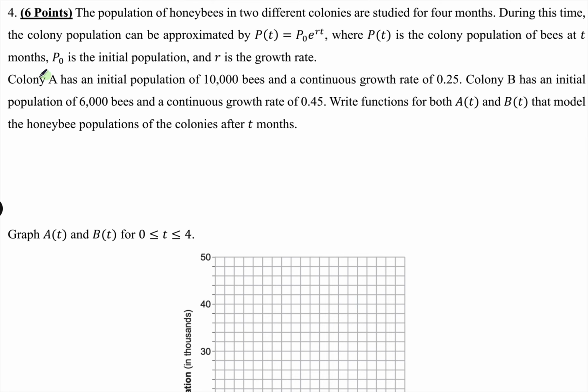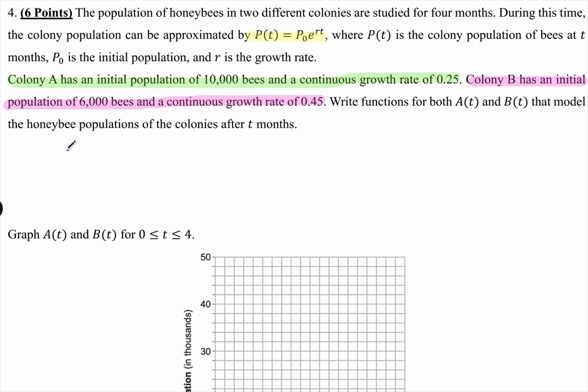So if I highlight colony A, colony B. Write functions for both A of t and B of t. Well, they're giving me up here my actual function I'm using. All I need to do is put in my unknowns. So I know it's going to be P of t.